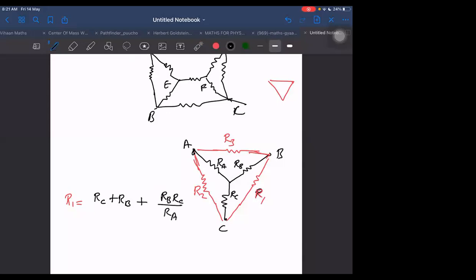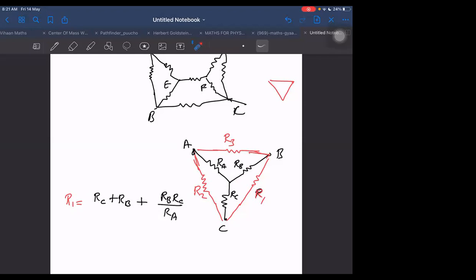RB RC upon RA is symmetric in terms of B and C, and it also includes A. We can write it as sigma RA RB RC by RA. It will be exactly symmetric.